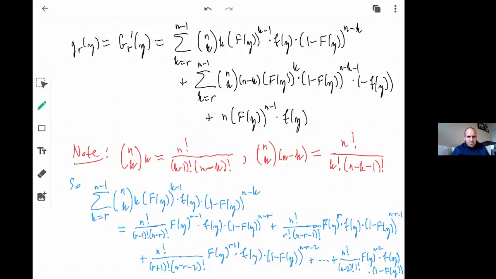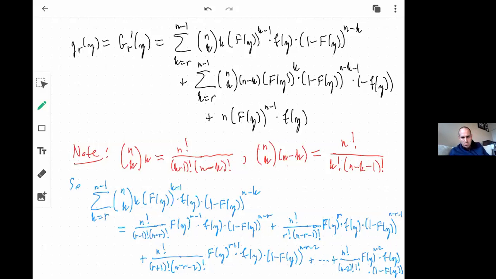All right, we're back. So all I did was copy down the formula for the PDF, the density for the Rth order statistic from the previous slide, and where we got it from, namely from differentiating the CDF that we came up with.